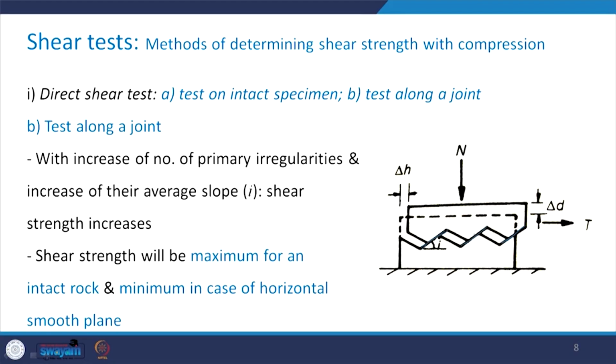You may have irregular teeth, so the inclination of each surface will not be the same. So, we need to find out the average slope.